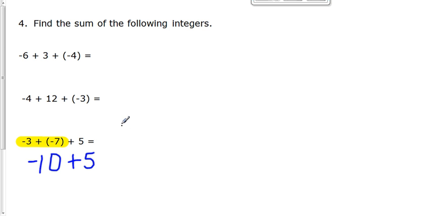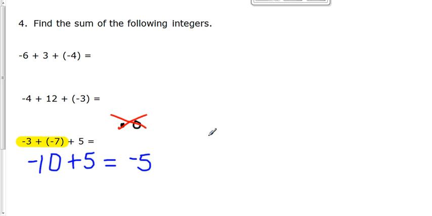Okay, don't forget, when you have a negative that you're trying to put with a positive, they're going to cancel each other out. So I can't really add these two. I really have to subtract those two. So I'm just going to subtract: 10 minus 5 is 5. And I have more negatives than I have positives.